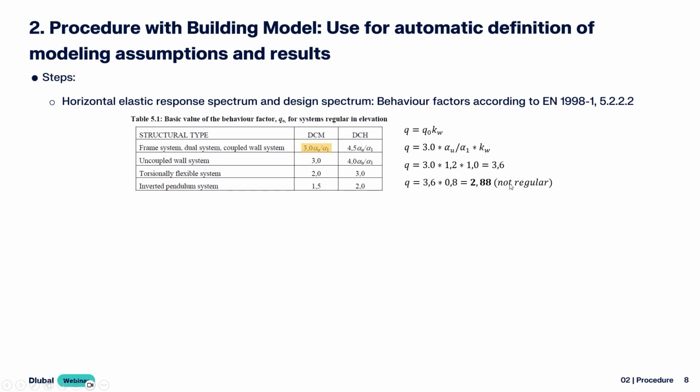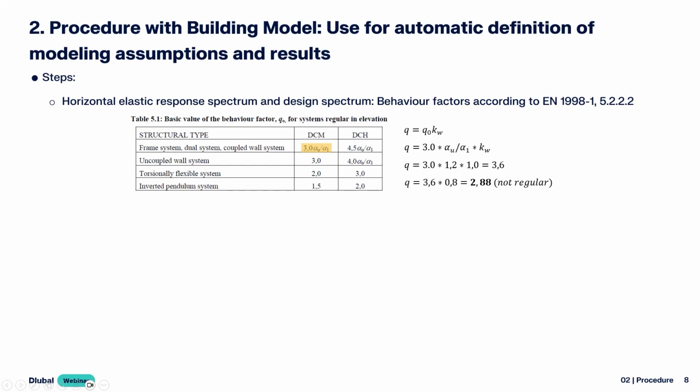Eurocode formulates a reduction of 20% of the behavior factor if irregularities take place in the building. So that's why I get this 2.88, okay? And I'm gonna make a definition based on this, in the program.